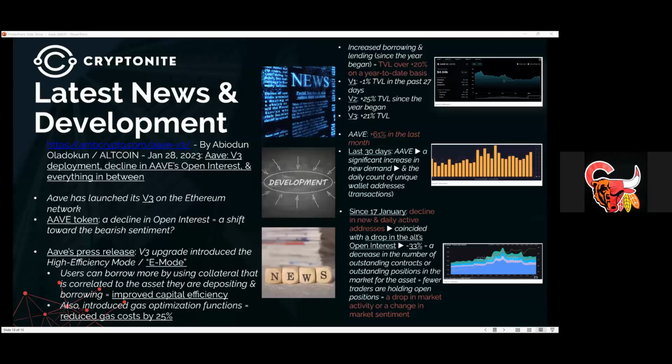Yeah, they just released V3, which is more secure. There were one or two small problems with the V2. Now V3 brings some new stuff, like it does Arbitrum, it does Optimism. You have basically new blockchains that it's compatible with.